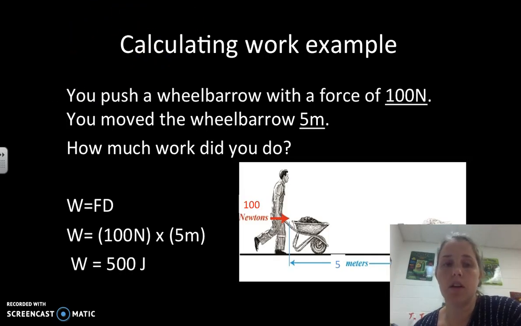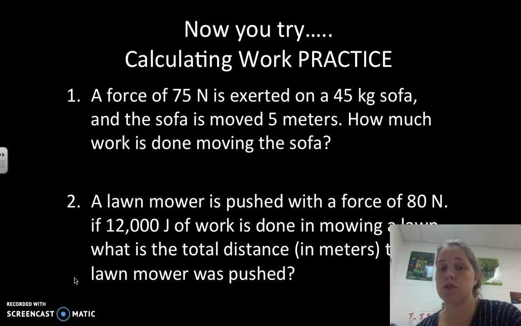So here's an example. You push a wheelbarrow with 100 newtons of force. You move that wheelbarrow 5 meters. How much work did you do? Well, we have a force and we have a distance, so we can put the force here, the distance here, so that means our work is 500 J, and remember J stands for joules.